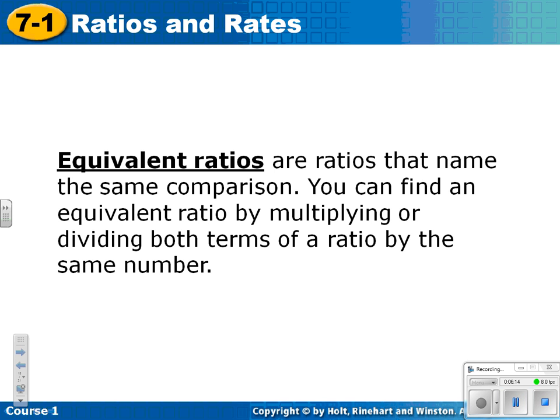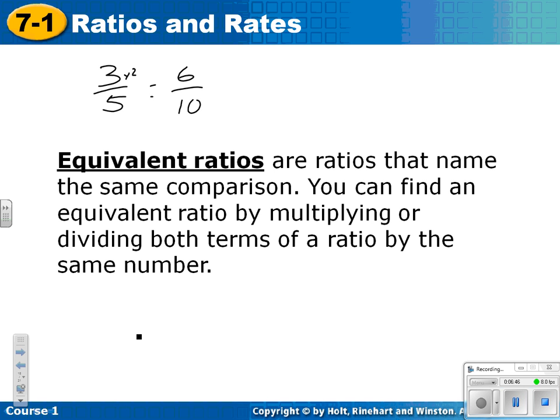Equivalent ratios and equivalent fractions, same kind of deal. Okay? They work the same. Remember, equivalent fractions, really easy thing to deal with, right? Let's say we had a fraction of 3/5. Give me an equivalent fraction to 3/5. 6/10. All you did is multiply top and bottom by 2.